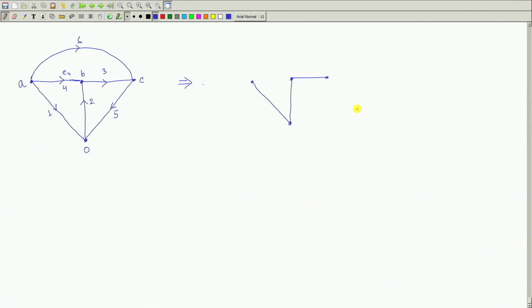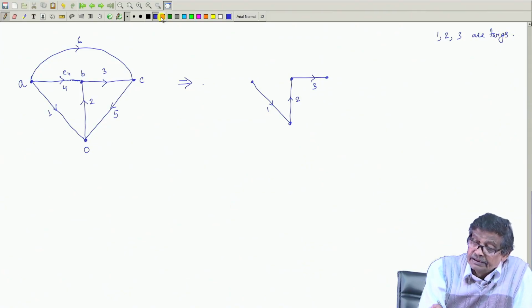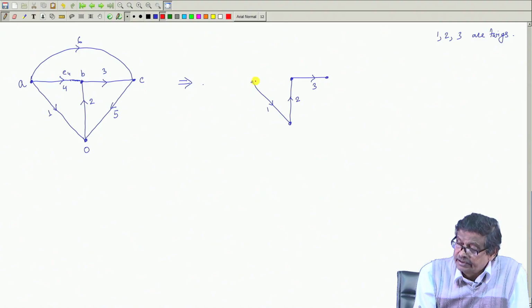It is a tree, because all nodes are taken into account and there is no closed loop existing, and this was 1, this was 2 and this was 3. So, elements 1, 2, 3 are twigs, and these dotted lines are the links.